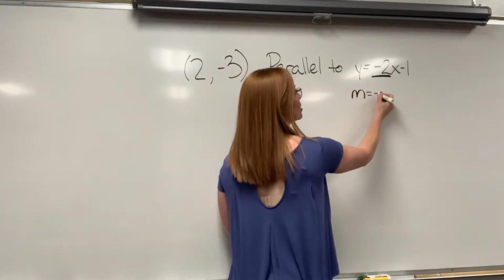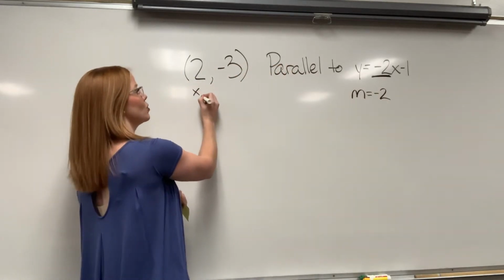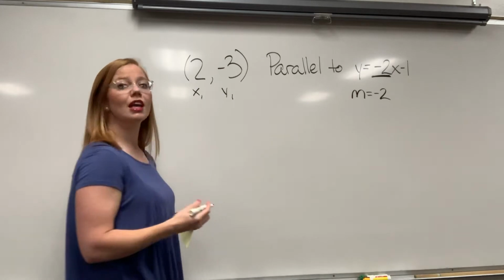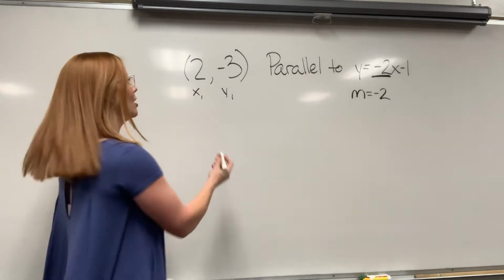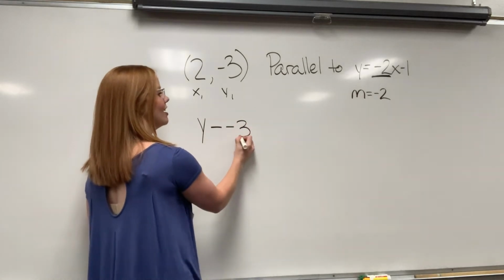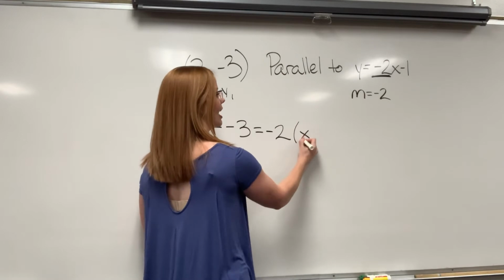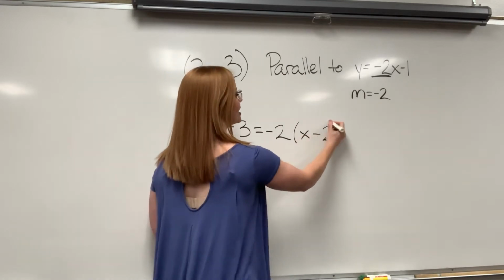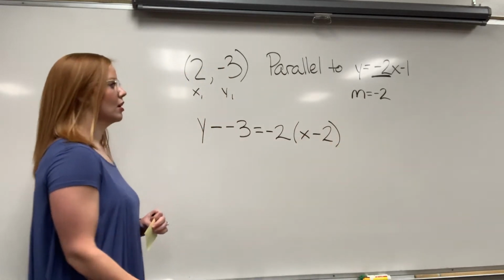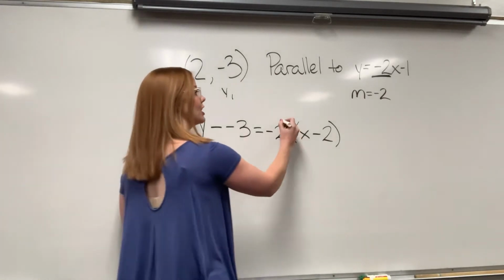So m = -2. We're going to use this point as our x1, y1, and we're going to use our point slope form. Point slope form is y minus the y that they give us equals the slope times x minus the x that they give us. From this point, we can go ahead and simplify using our distributive property over here with our slope.